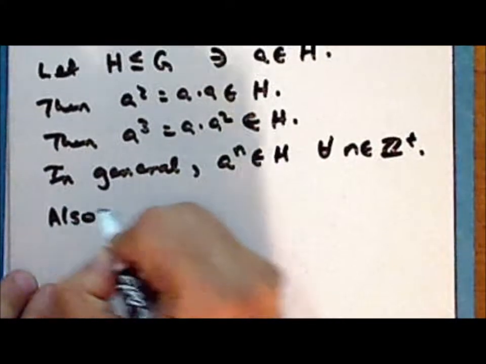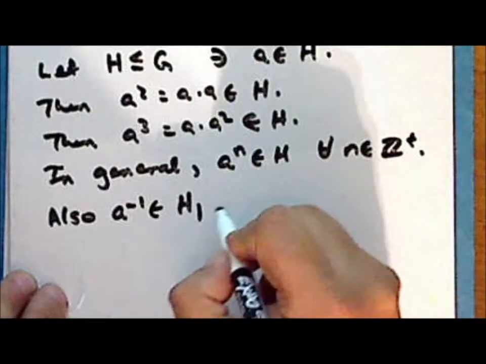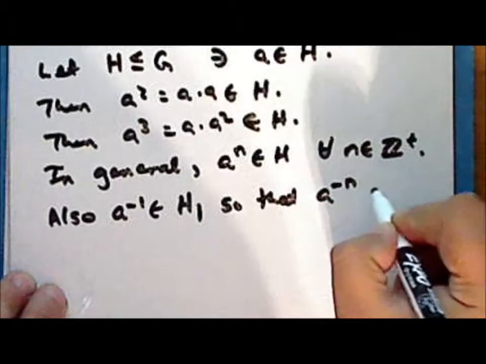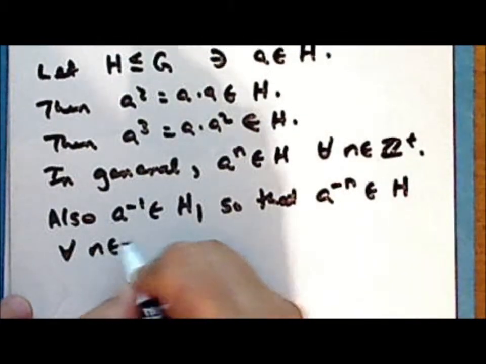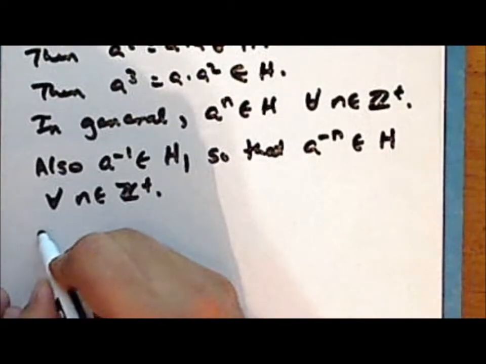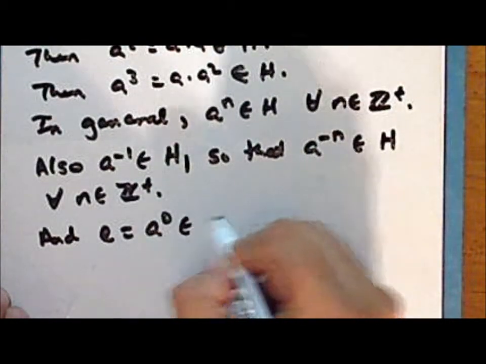Also, the inverse of A must be in the group, so that A to the power of negative n must be in the group for every positive integer n. And the identity, which is A to the power of 0, must be in this group.